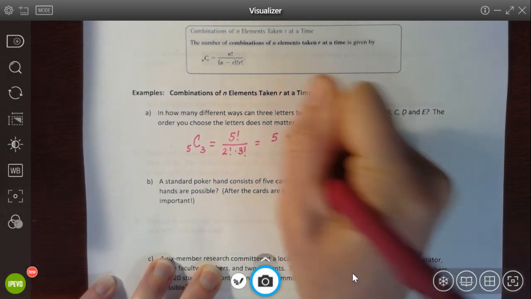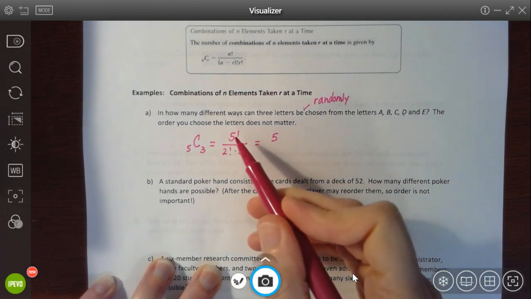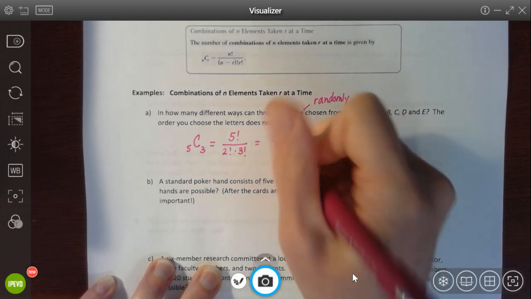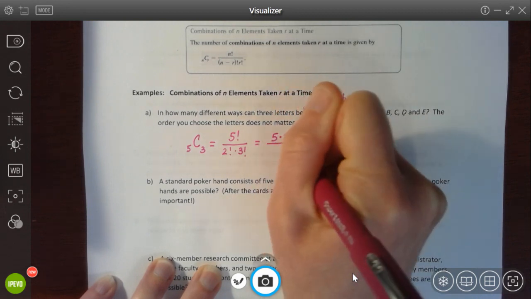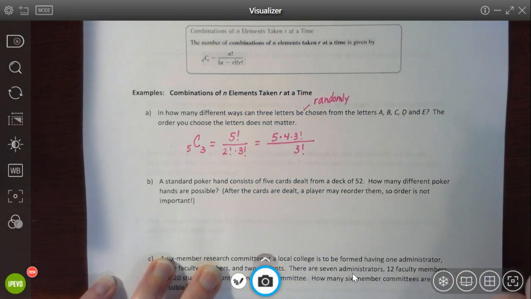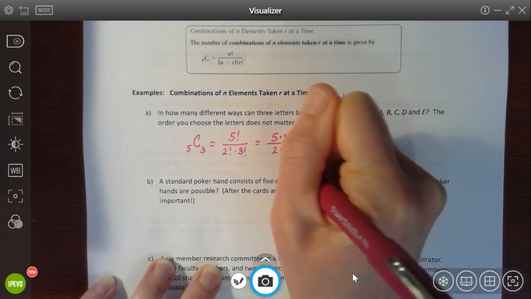So then when we're simplifying these factorials, again, I'm going to take my larger factorial and expand it down until I match up with the larger factorial in my denominator. So I'm going to expand 5 factorial as 5 times 4 times 3 factorial. That'll match up with the 3 factorial at the end. And then I'm going to expand 2 factorial, which is really just 2 times 1.